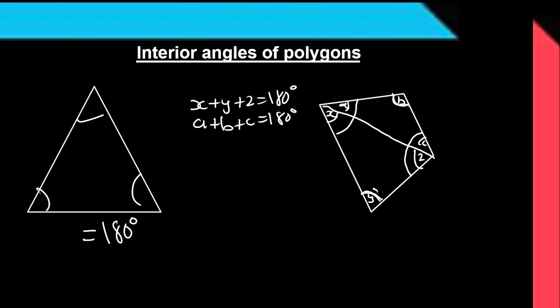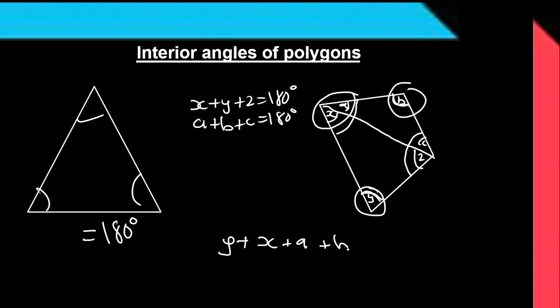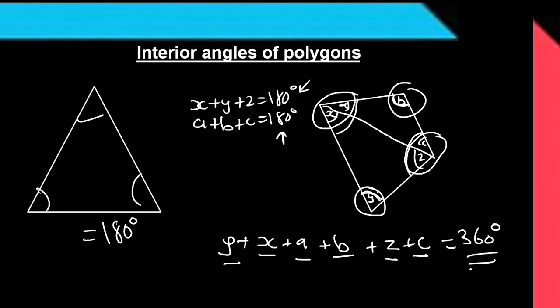If I start, we have one angle, which is Y. We have another angle, which is made up of X and A. We have a third angle, which is just B. And then we have the fourth angle, which is made up of Z and C. Looking at what we started with, we have X plus Y plus Z, which adds to 180 degrees, and A plus B plus C, which also adds to 180 degrees, which means that the angles in a quadrilateral must add up to 360 degrees.